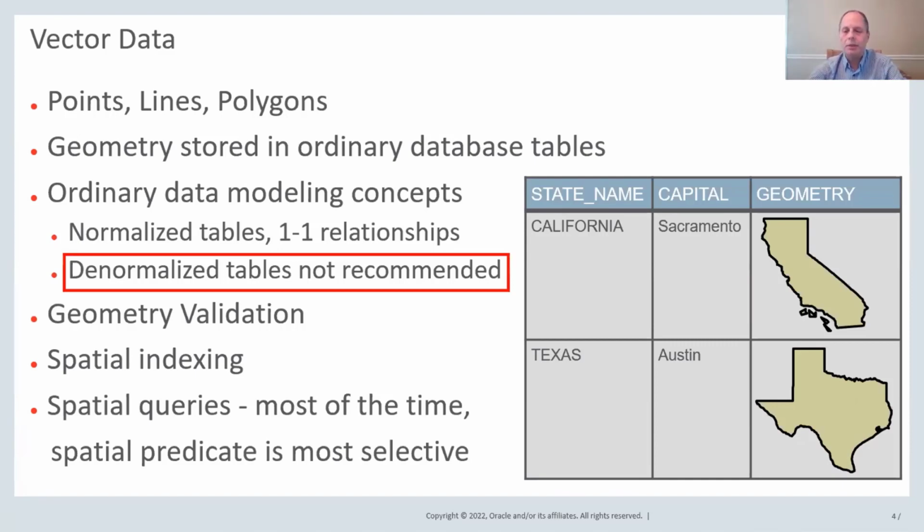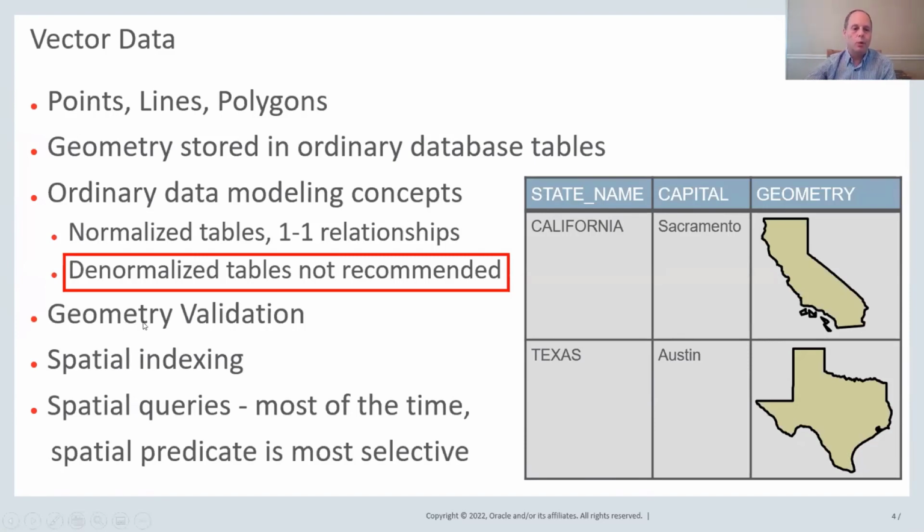But in general, spatial computations are more intense than regular character string comparisons. So you don't want those intense geometric computations to occur on denormalized tables where geometries are repeated. It would actually slow things down. So we don't recommend denormalizing.